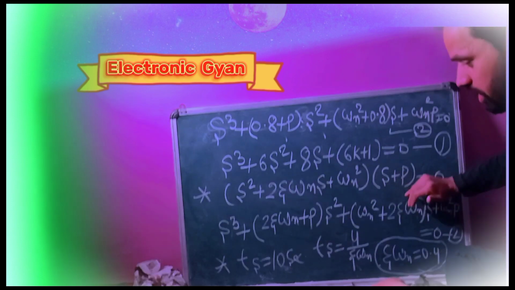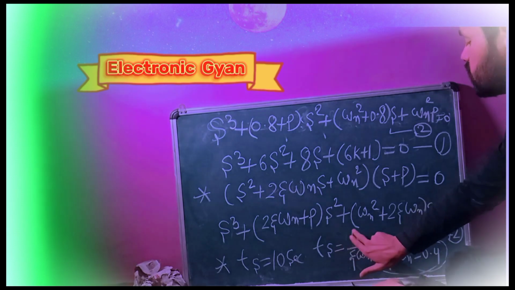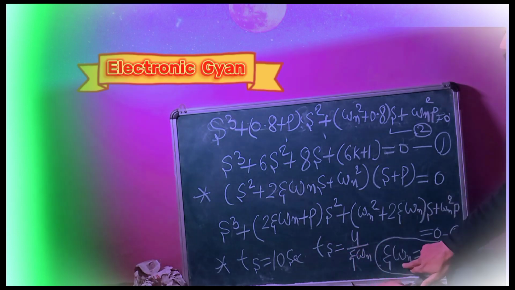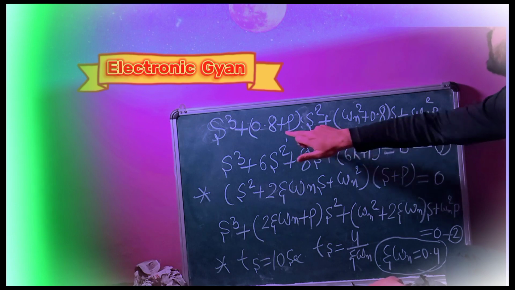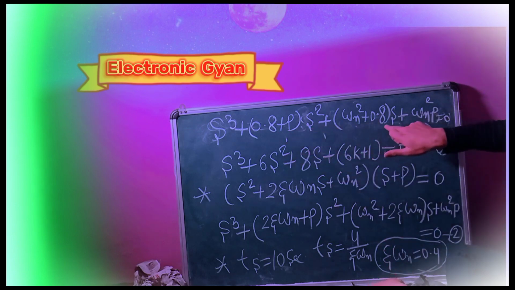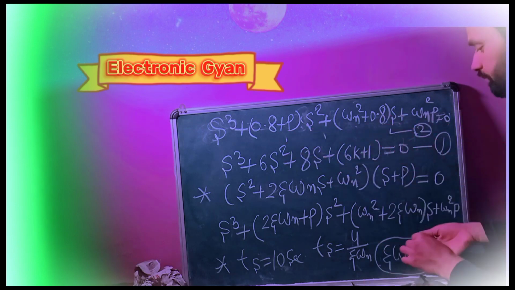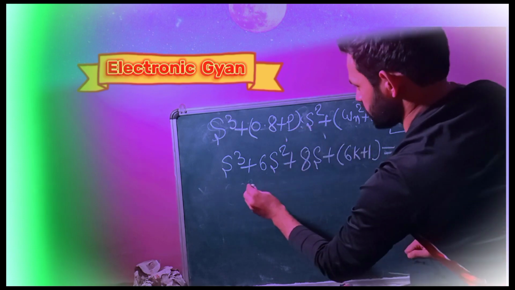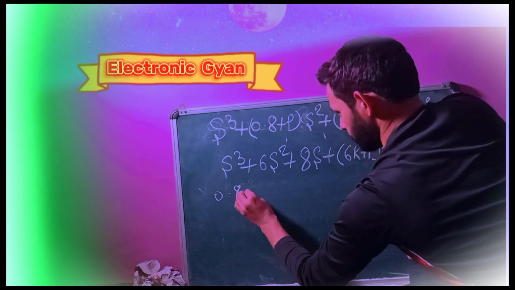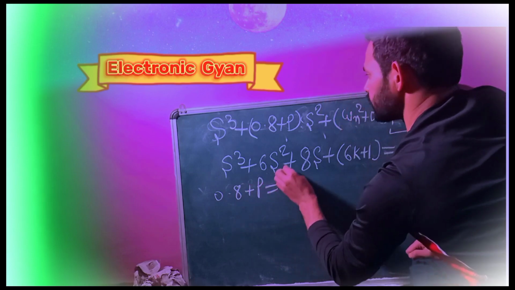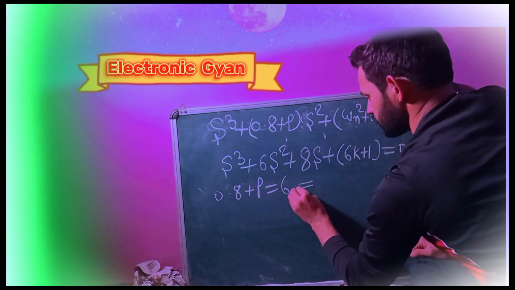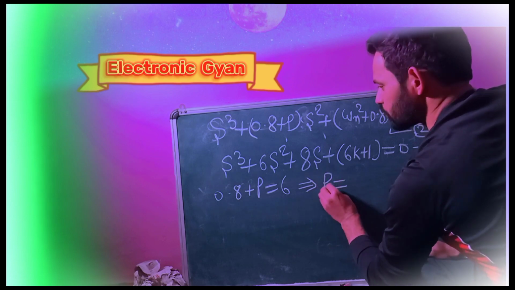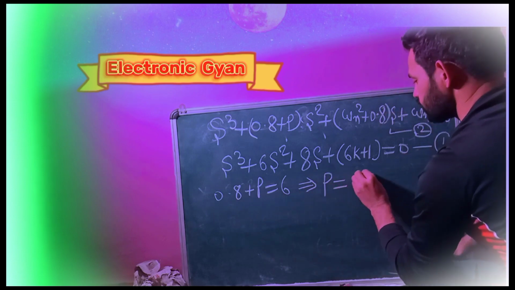So we obtain zeta omega n, put this value in this equation, and obtain these values. Now see, first compare this s square coefficient. 0.8 plus p is equal to 6, which implies that p will be equal to 6 minus 0.8, which is 5.2.